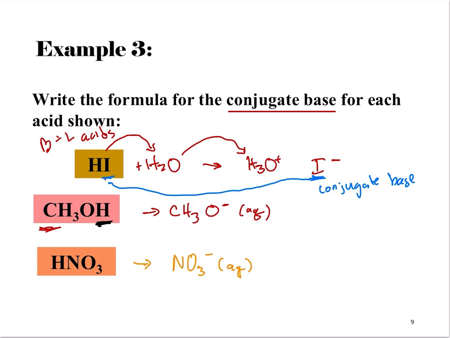All right, so the general idea is that whatever's on the left-hand side of a chemical equation is either acting as a Bronsted-Lowry acid or base based off of whether it donates a proton or accepts a proton. In most of these cases, if I say this is acting as an acid, that means it's going to donate a proton, so the conjugate base should have one less proton.